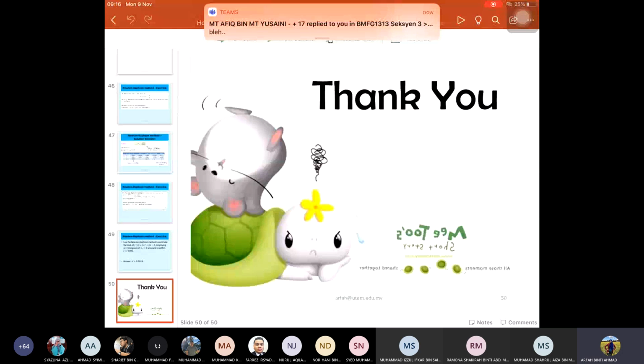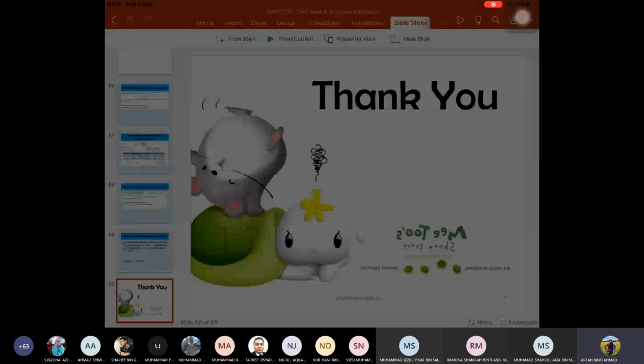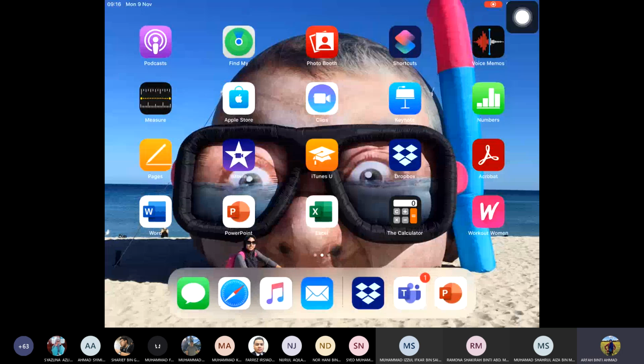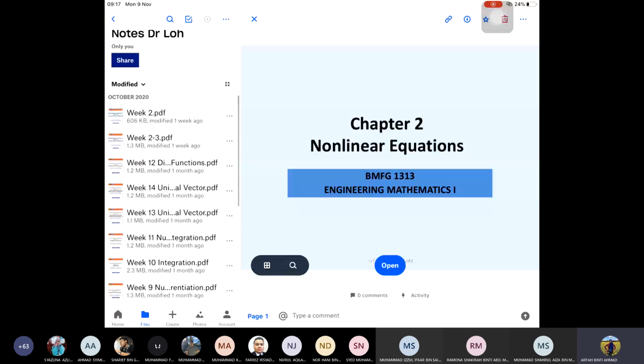So okay, we continue with the next one. We have eigenvalue and eigenvector.